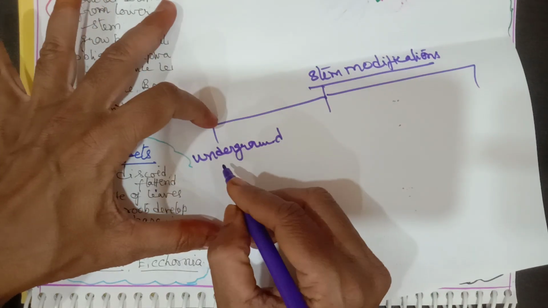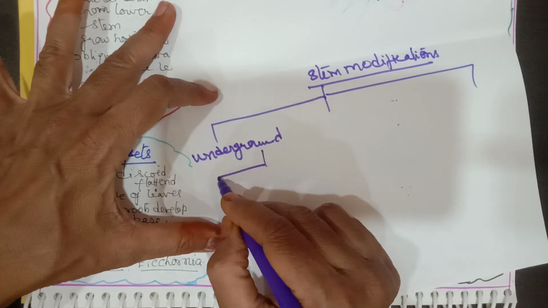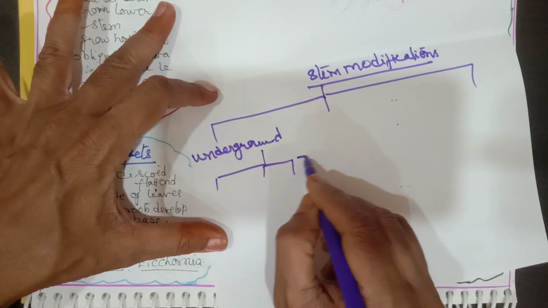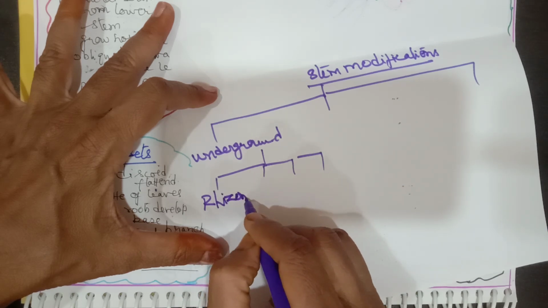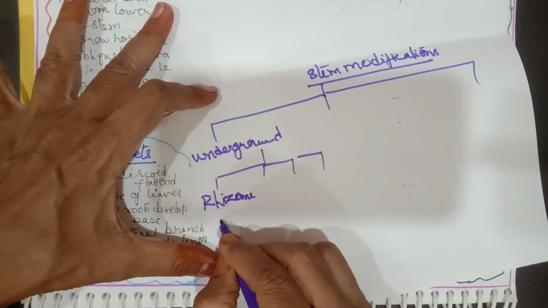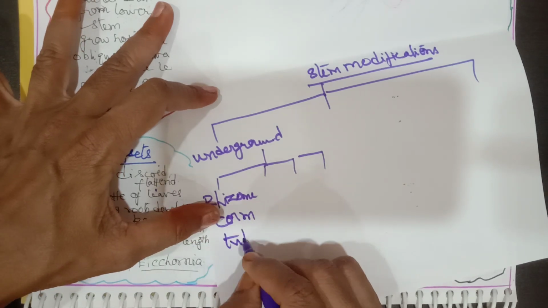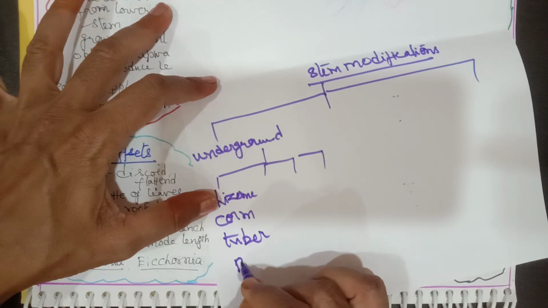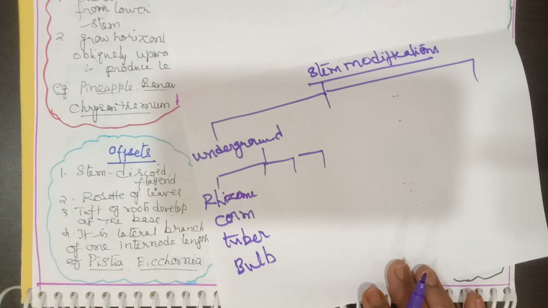We have done 4 different types of underground stem modifications. What are the 4 types? Rhizome, corm, stem tuber, and bulb.